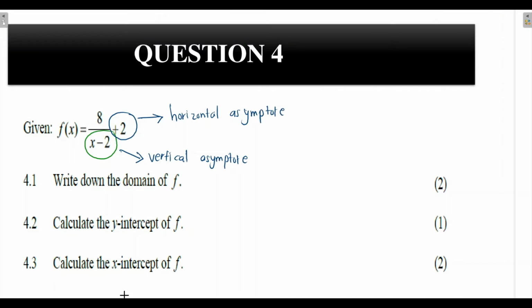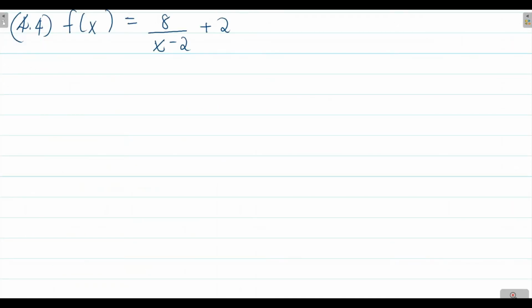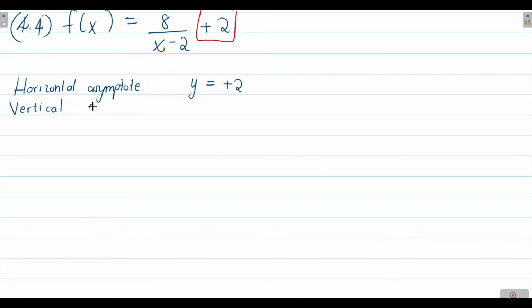To get our horizontal asymptote, we focus on the value of our q, that's +2, so y is equal to 2. To get your vertical asymptote, you focus on this expression here.